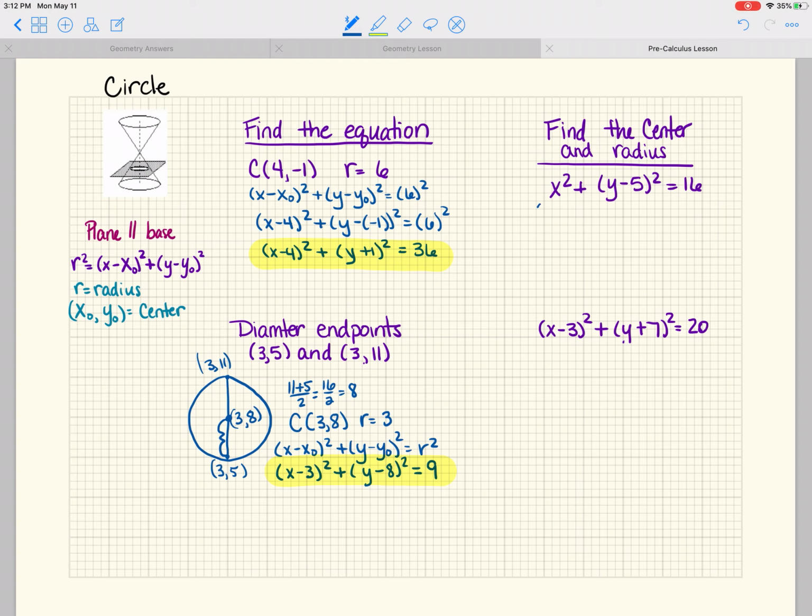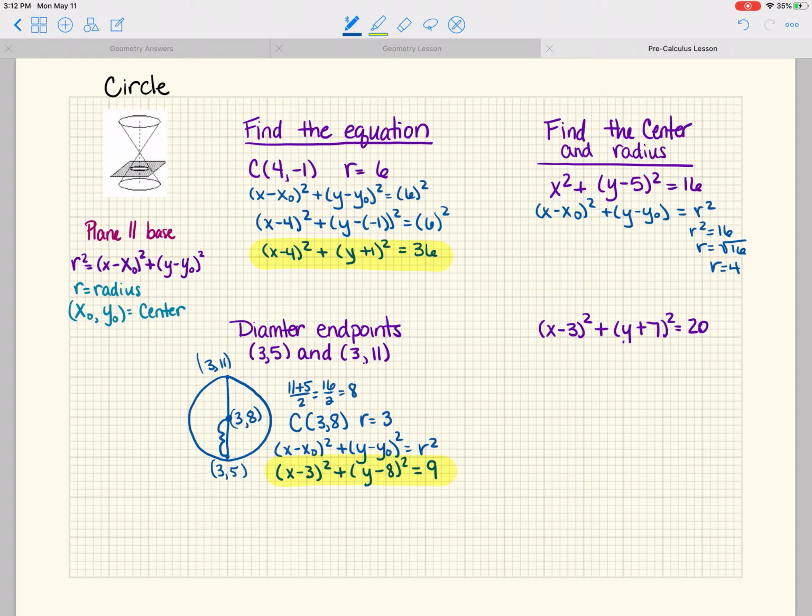We can also work backwards from this point. If we have the equation, our goal is to figure out the center and the radius. The radius squared is the value on the right side of our equation. To find the radius, we want to take the square root. So in this case, my radius is 4.